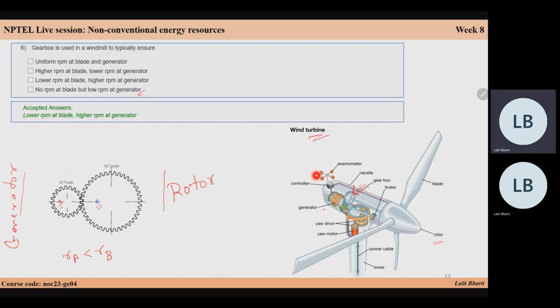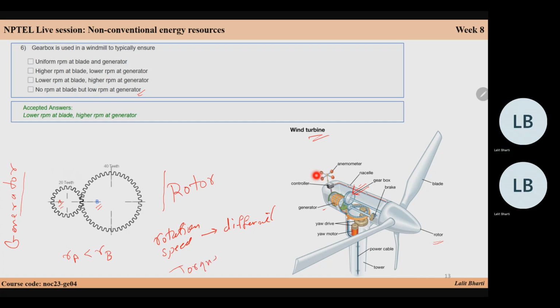But due to the difference in their radii, the rotation speeds will be different. As these rotation speeds are different, and due to the energy conservation law, something else will also be different. Our torque will also be different.